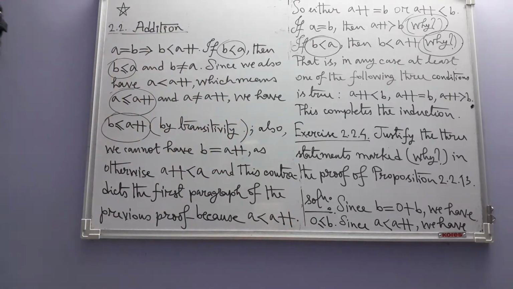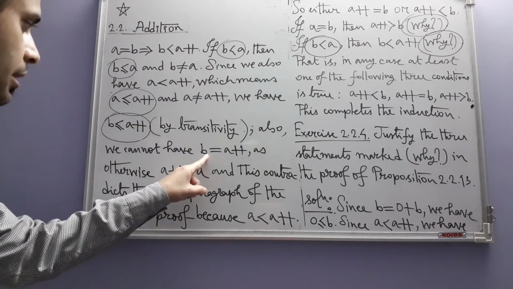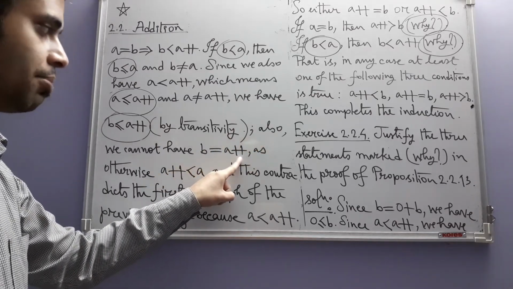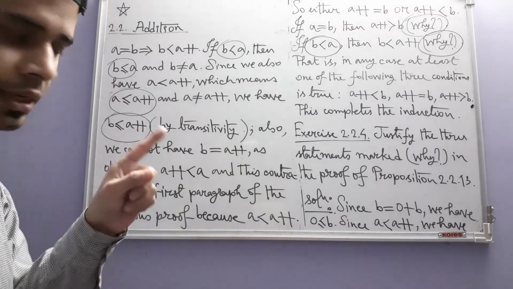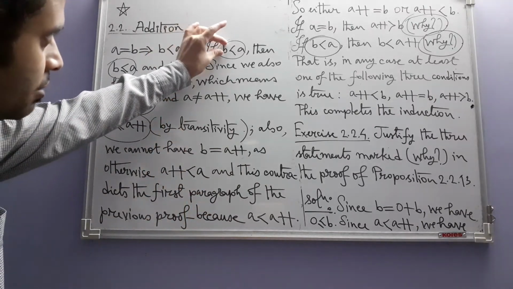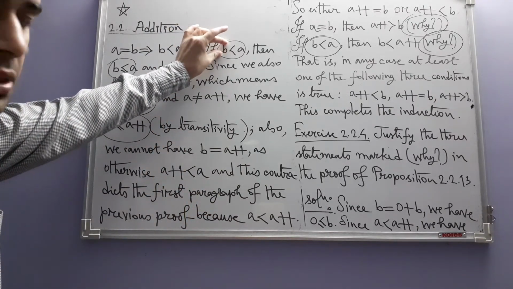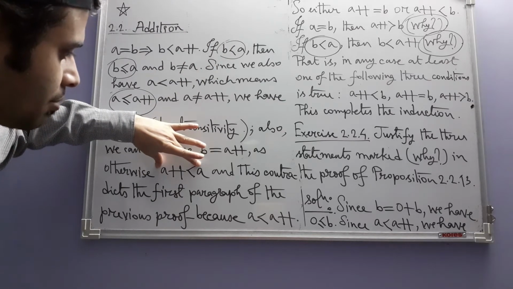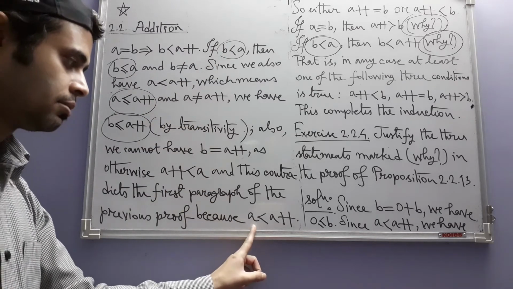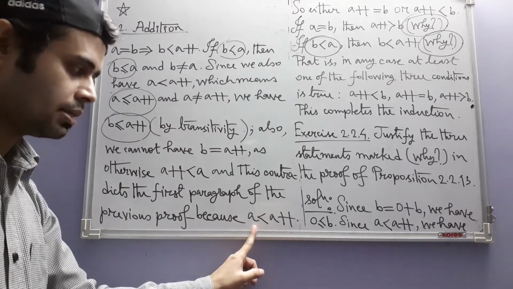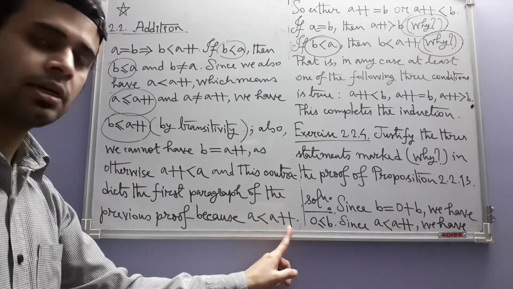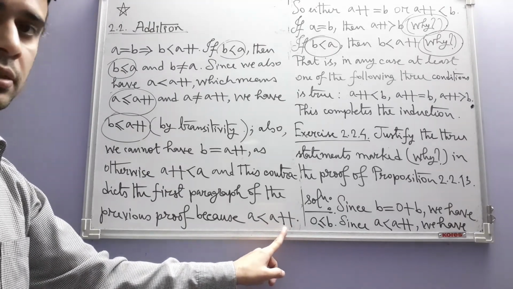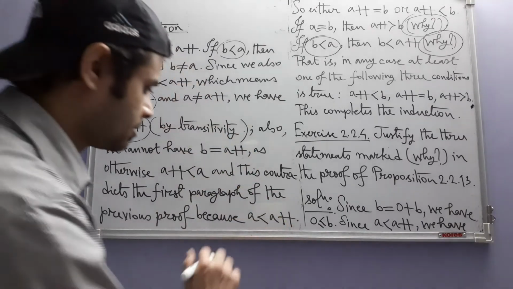So what have I written here? You see, I am saying that I cannot have b equal to a plus plus, because if I have that, then in place of b, if I write a plus plus here, I have this. But at the same time, I also have from a previous result that a is less than a plus plus. This allows me to say that there is no largest natural number. There I have proved this.